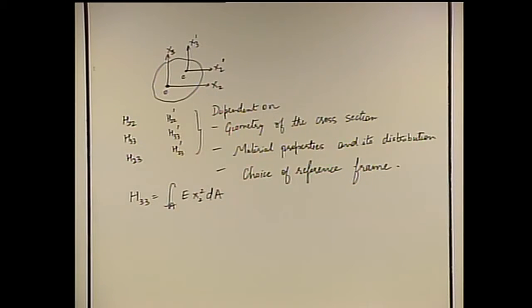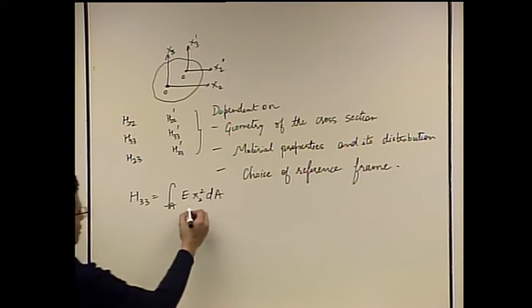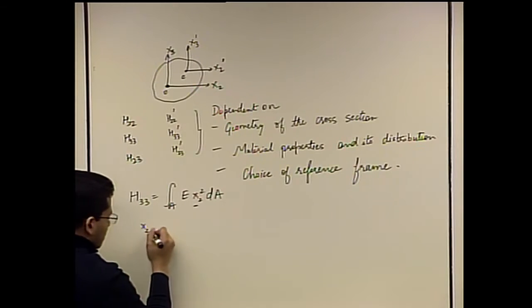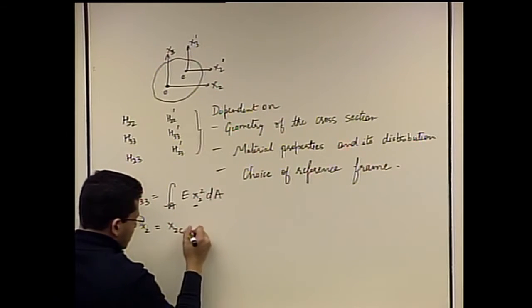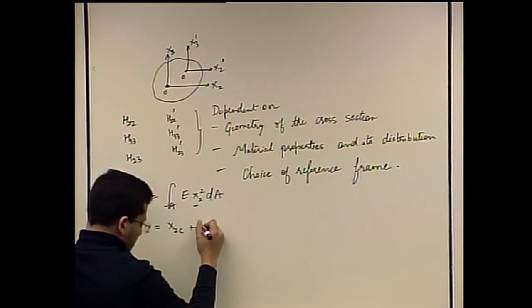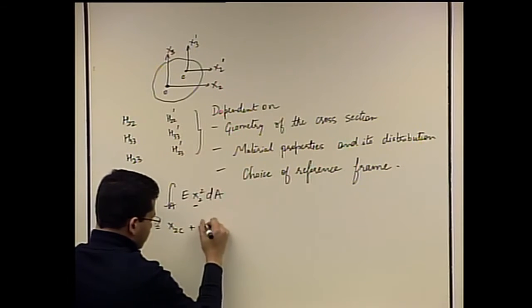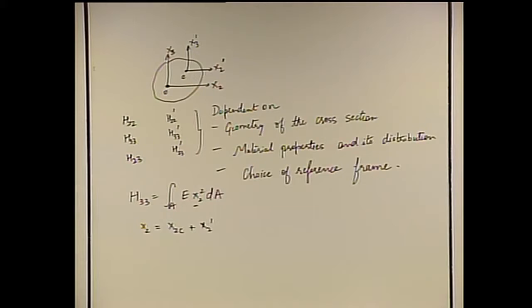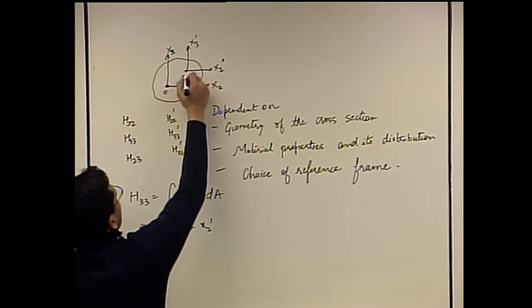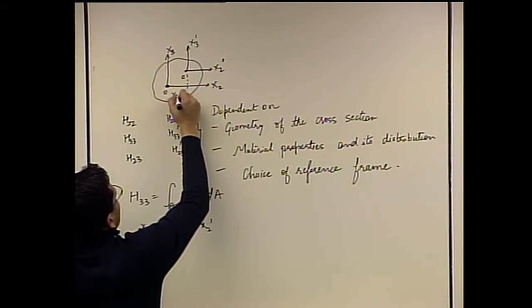So we have to first identify the coordinates, because there is an x2 here. So x2 will be represented as x2c plus x2 prime. Is it correct? Any questions? x2c is the difference between the origin and centroid in that axis.